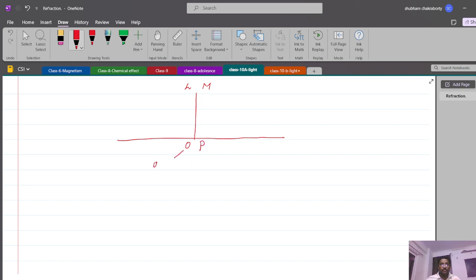So O is the optical center and P is the pole, where L is the lens and M is the mirror. And for the purpose of understanding, this horizontal line is your principal axis.